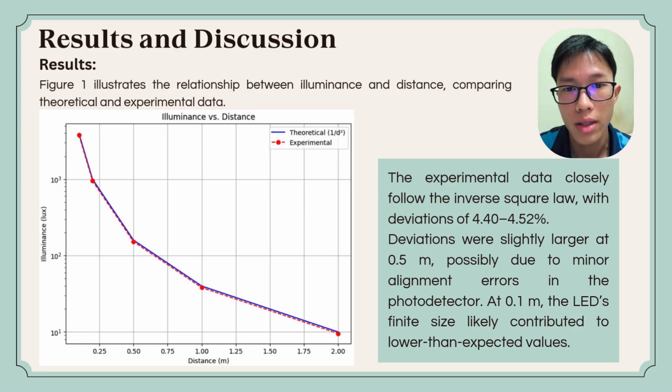The experimental data closely follow the inverse square law with deviation of about 4.4% to 4.52%, as we showed in Table 1 just now. The deviation is slightly larger at 0.5 meter, possibly due to a minor alignment error in the photodetector.